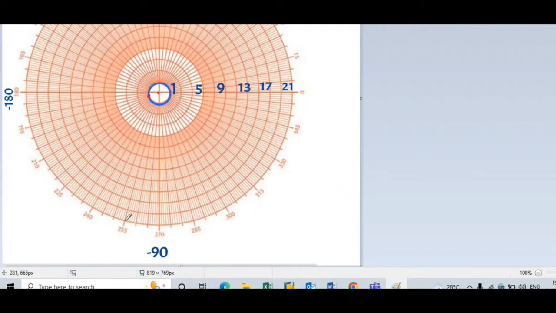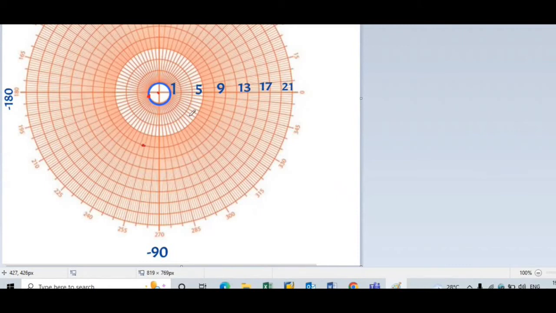It is 105.8, so we can take approximately 106 degrees, or we can simply take 105 degrees. Within this line, we have to choose the point with magnitude 9. So here is the circle with magnitude 9, and this point is also selected.